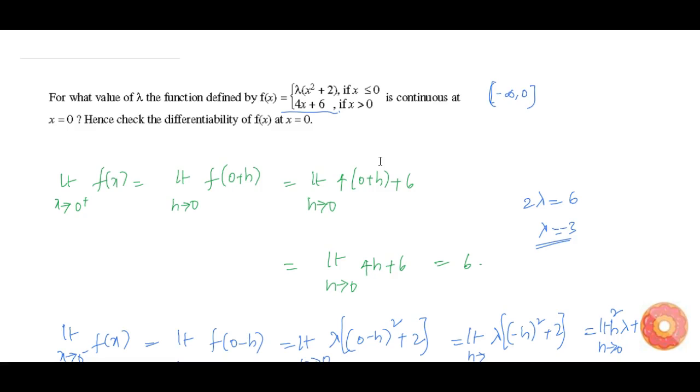Since it is asked in the question that we need to find the differentiability at x equal to 0, I have done it at the boundary. If not, we need to check the differentiability in every case, that is in the interval from minus infinity to 0, at 0, and from 0 to infinity. Don't forget about that.